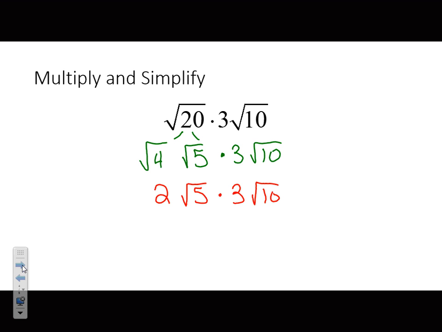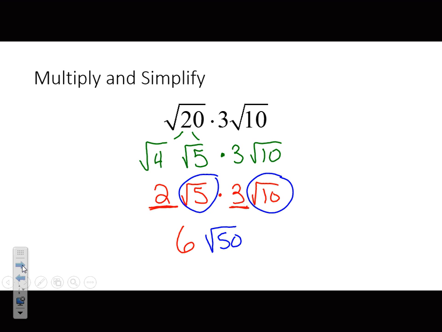If I do it this way, now what I'm going to do is I'm going to multiply my 2 and my 3 together, and I'm going to get 6. And I'm going to multiply my 5 and my 10 together, and I'm going to get 50.